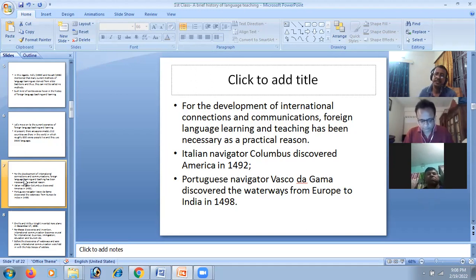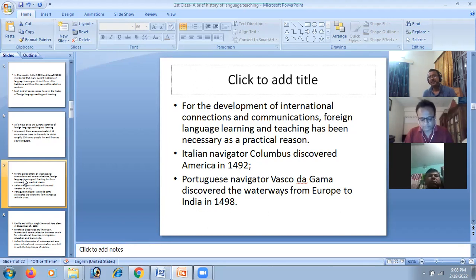It might be French, German, Chinese or something else. That means he or she has to learn more than one language. In this regard, language learning has become a very important thing nowadays. We can't go without learning a foreign language.